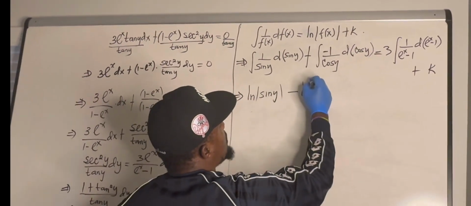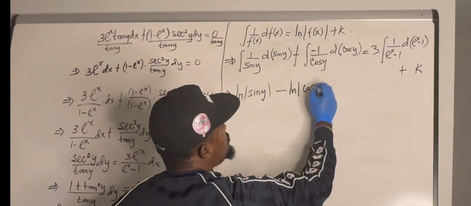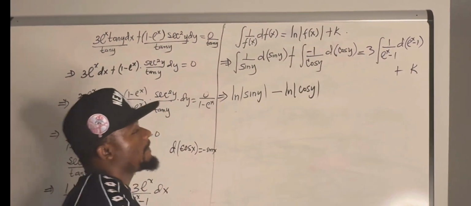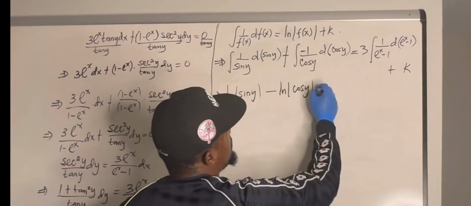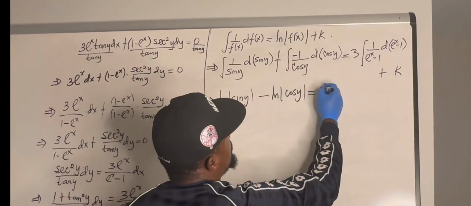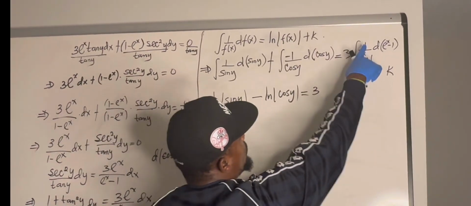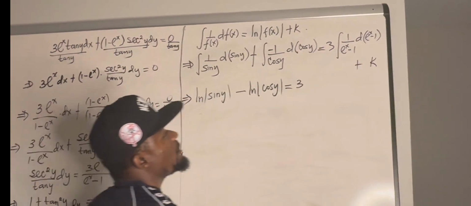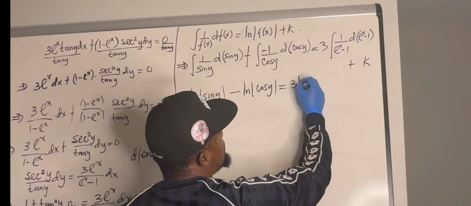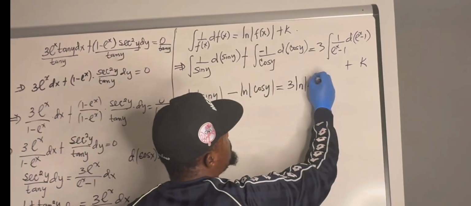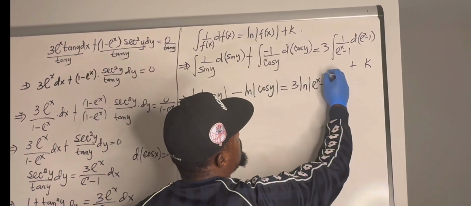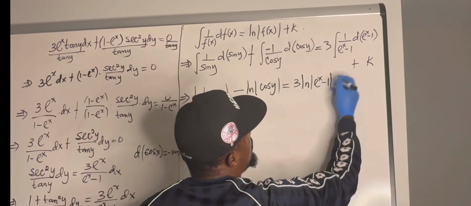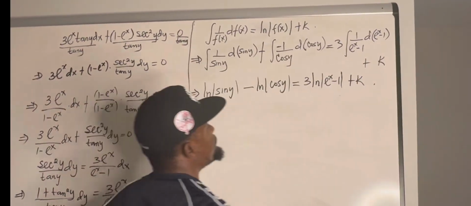That gives us ln the absolute value of cos y. Equal to 3, we have 1 over x power of x minus 1 times the differential of x power of x minus 1 gives us ln the absolute value of x power x minus 1 plus our constant k.